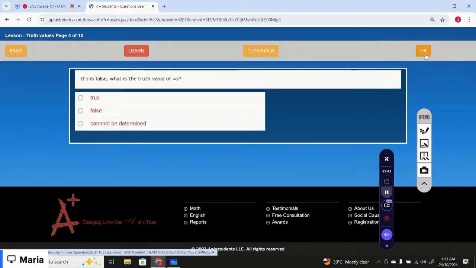If S is false, what is the truth value of negation of S?